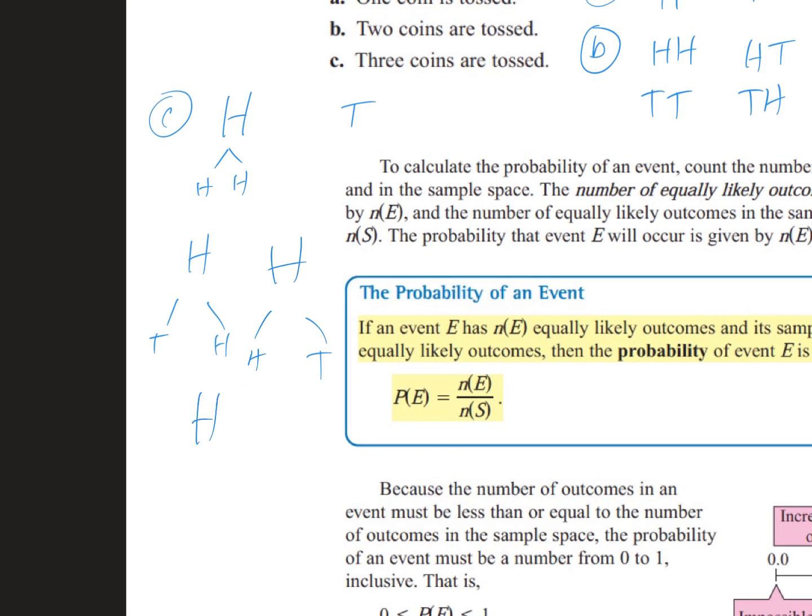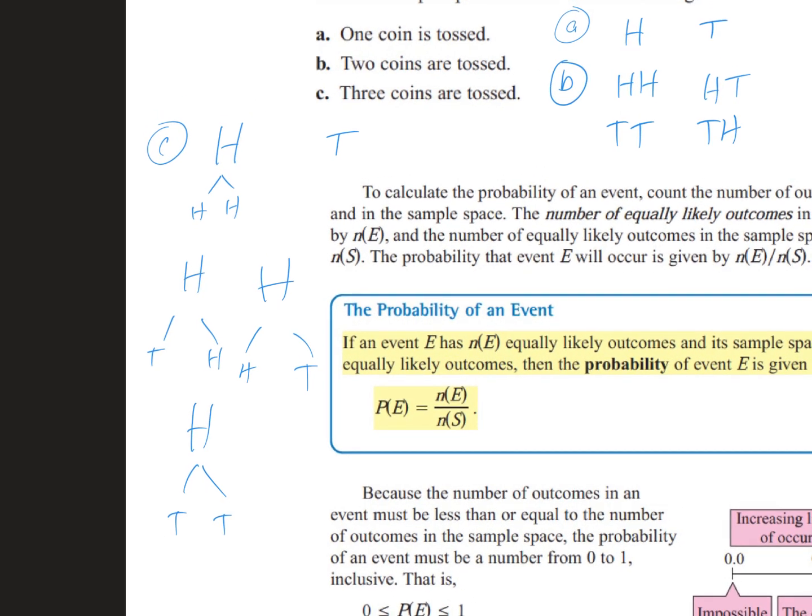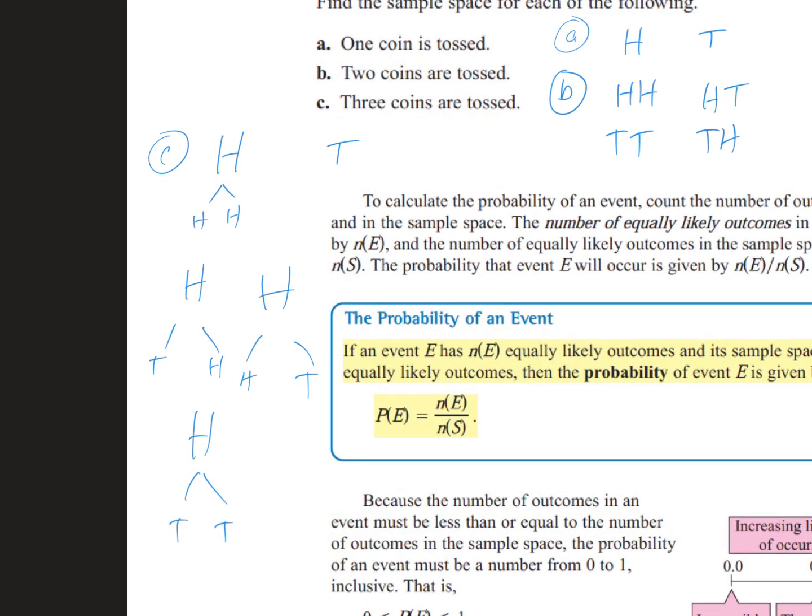A head and then 2 tails? As you introduce more, the outcomes get bigger. If they give you a sample space and ask what the probability of this happening is, think about what probability is: what you want over total. Always think of it that way, and it'll make this a lot easier, I promise.